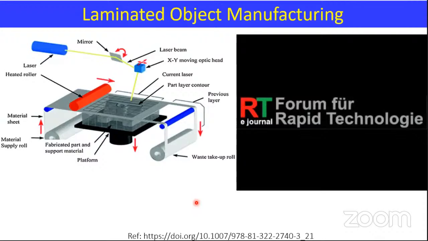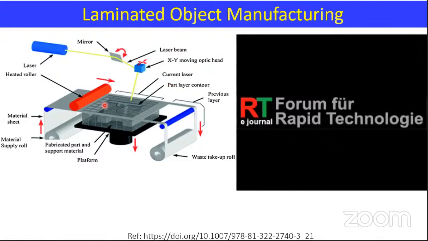All right, so I think the process would have been understood through that video. Basically, here the thin sheet material is glued or stacked one over the other, and cut using an appropriate laser beam, and thereby the layer consolidation happens.